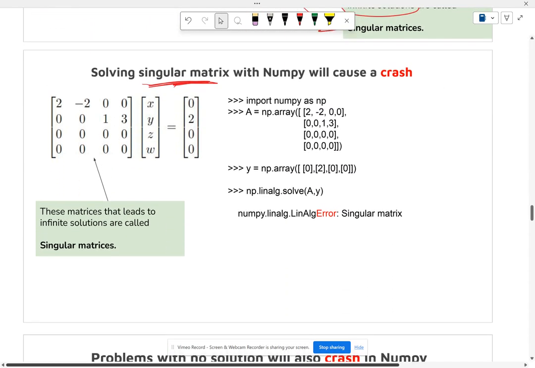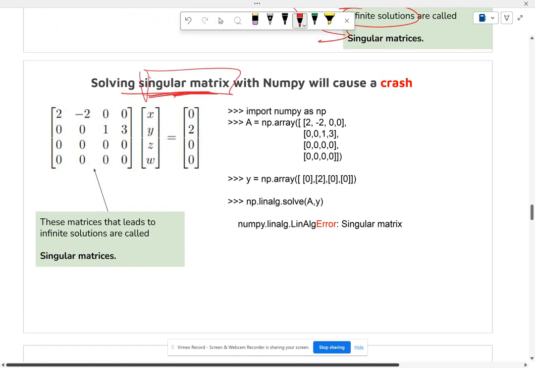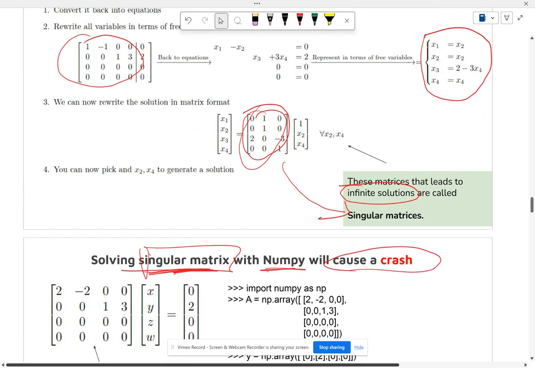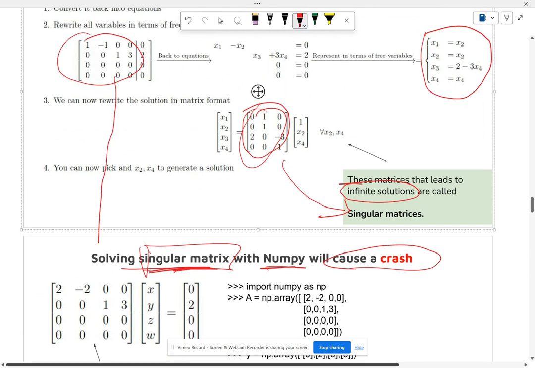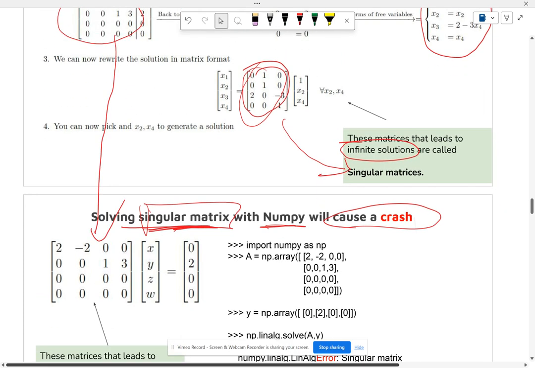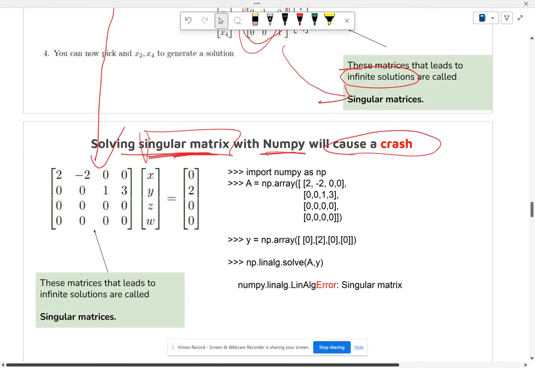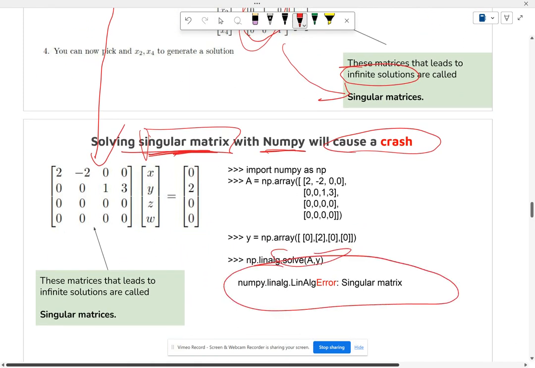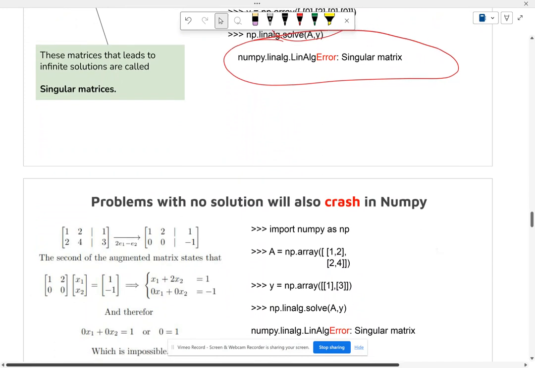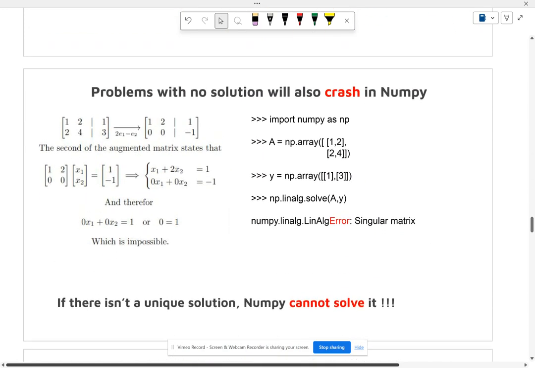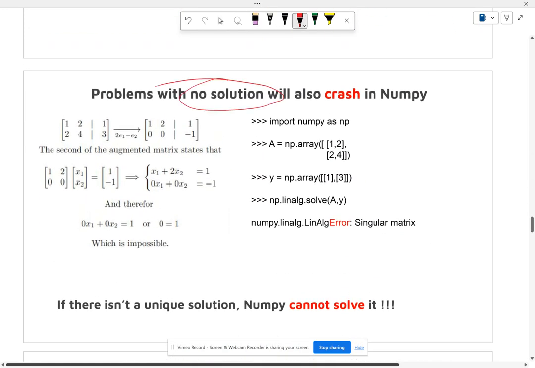So when you try to solve a singular matrix with NumPy, it's going to crash. I think I plugged this into NumPy, and when I tried to solve it, it caused a crash. Similarly, if there's no solution, it will also cause a crash in NumPy.